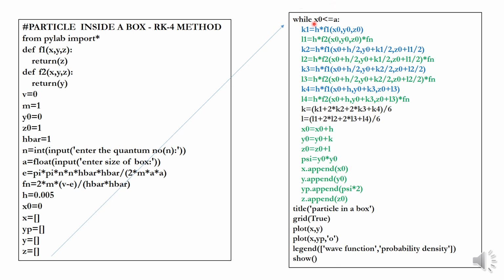Now a while loop is started. K1, K2, K3, K4 are calculated for integrating, and these are obtained for finding K. Finally we calculate y0 plus K. That is, the function psi, which is y, is obtained as y0 plus this one.